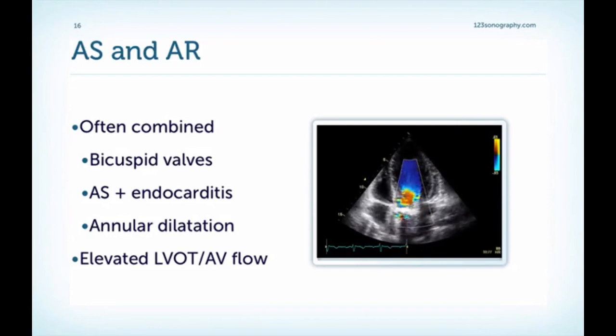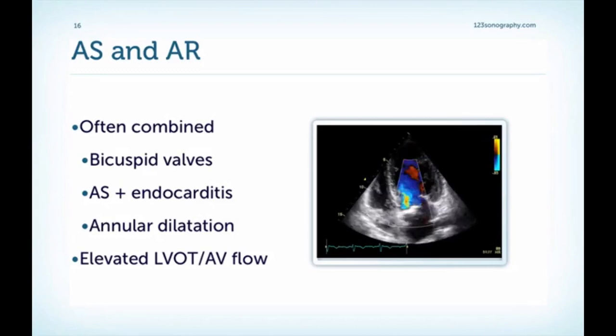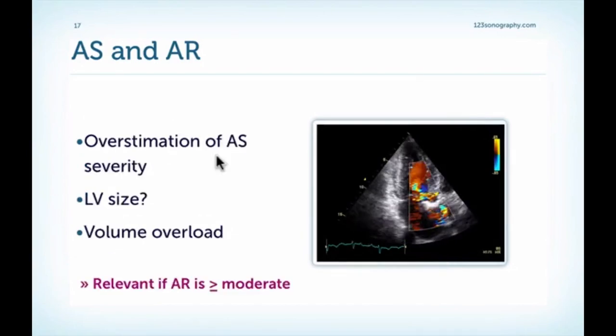In these cases, we will encounter elevated LVOT or aortic valve flow, leading to higher gradients and to high LVOT velocities and turbulences. With combined stenosis and aortic regurgitation, we can actually have overestimation of aortic stenosis severity.